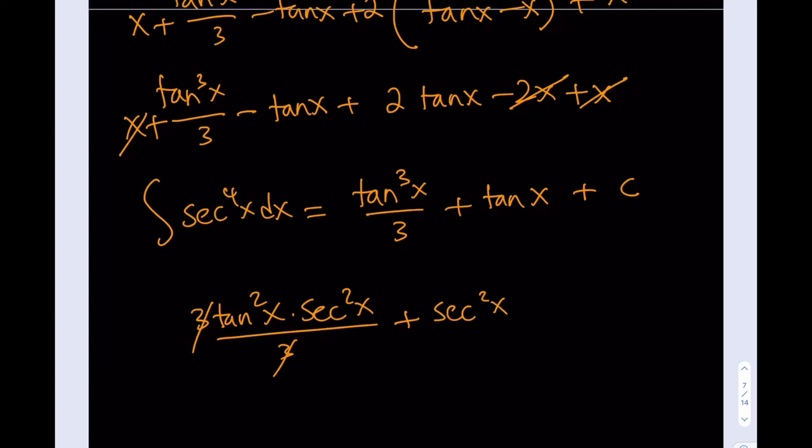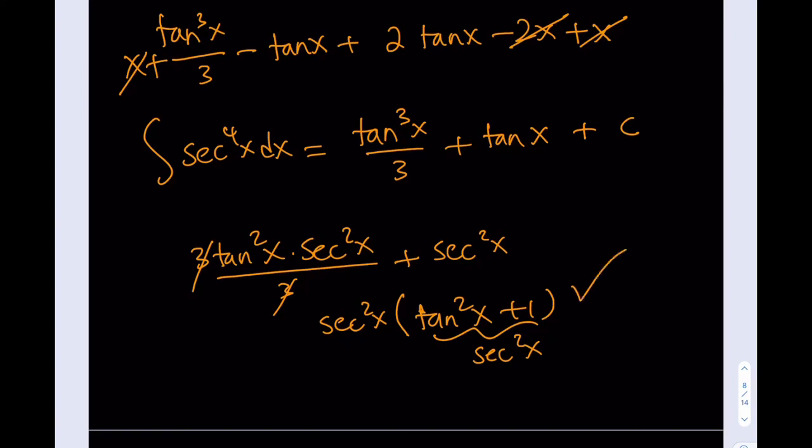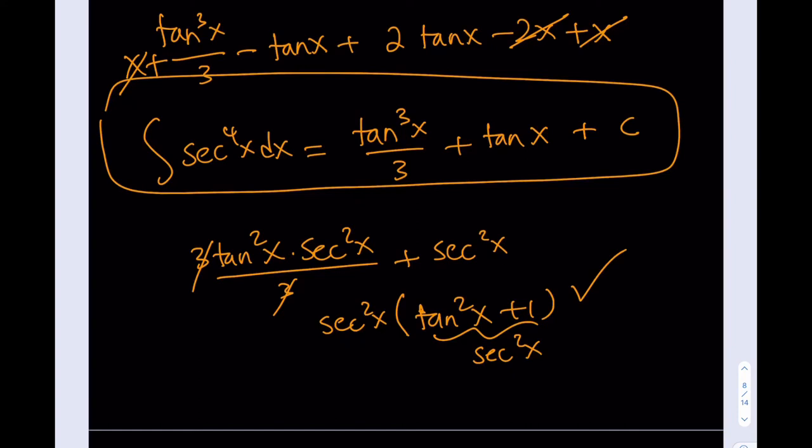The derivative of c is 0. Great. That's why we have a constant. Now I can take out a secant squared because it's a common factor, and I get tangent squared x plus 1, which is equal to secant squared, and secant squared times secant squared is secant to the fourth power. Yay, success. We got it correctly. Our solution checks.